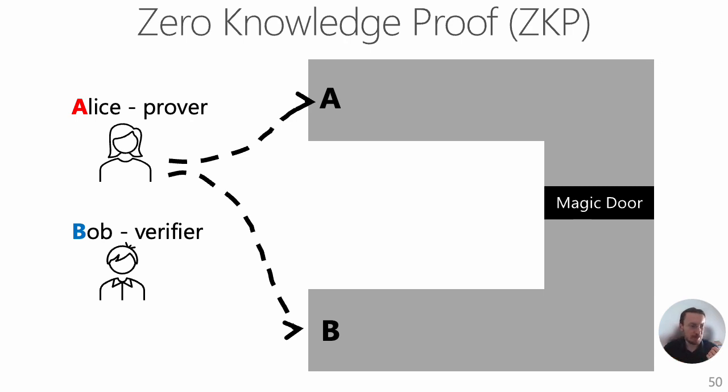So here we have this labyrinth, this tunnel with entrance A and entrance B, and we have a magic door that is in the middle of this tunnel. And Alice wants to prove to Bob that she has the secret word to open the magic door in this tunnel. So she randomly selects entrance A or B, while Bob is not allowed to see which entrance is taken by Alice.